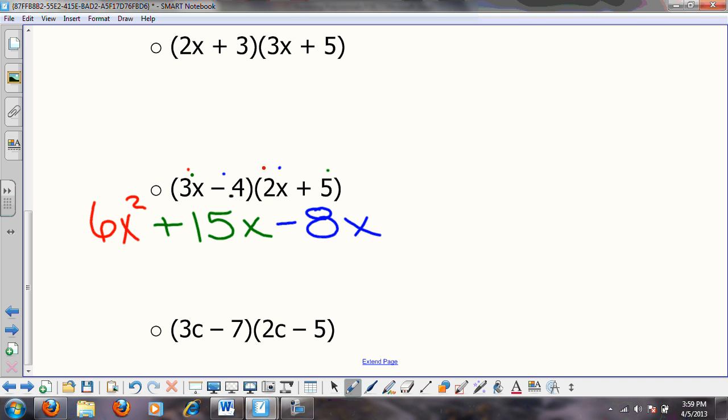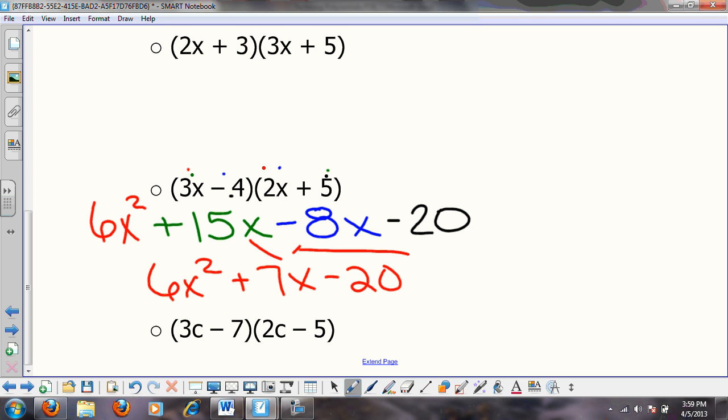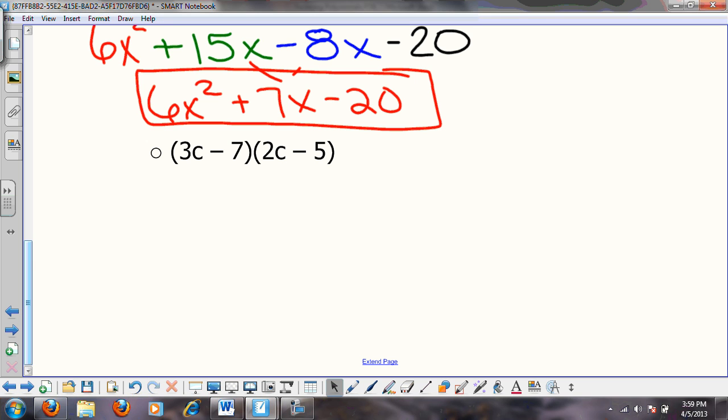Last, negative 4 times 5, negative 20. Like terms. 6x squared, 15 minus 8 plus 7x, minus 20. There you go.